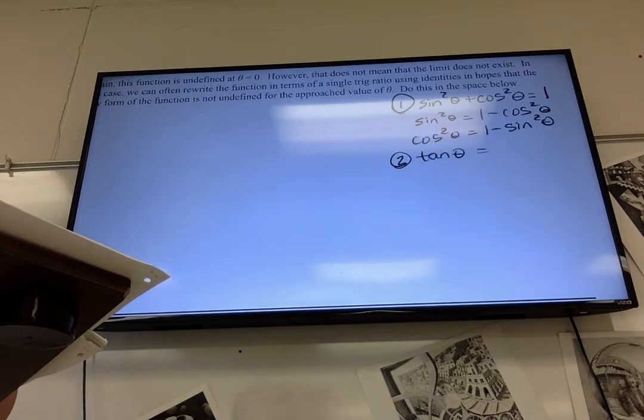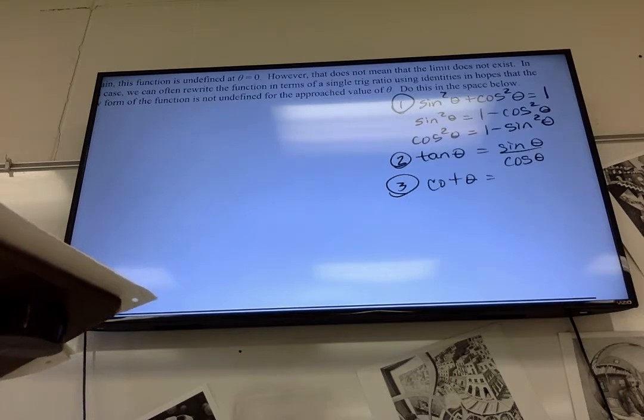Tangent of theta, we said just a minute ago, was sine over cosine. Cotangent, what would that be? 1 over tangent. Put it in terms of sine and cosine. Cosine over sine. There you go.